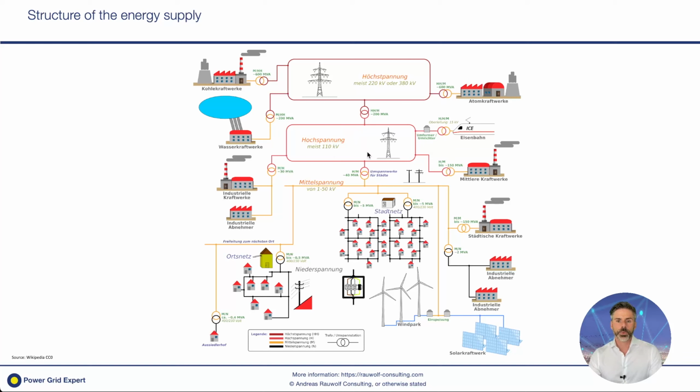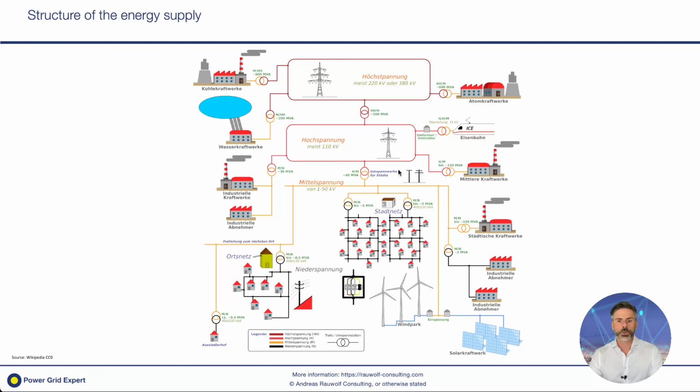So we transform the voltage down from 220, from 110 to the so-called medium voltage level, which is typically between 10 kV, 20 kV, 36 kV. Officially, medium voltage starts at 1 kV and goes up to 53 kV.